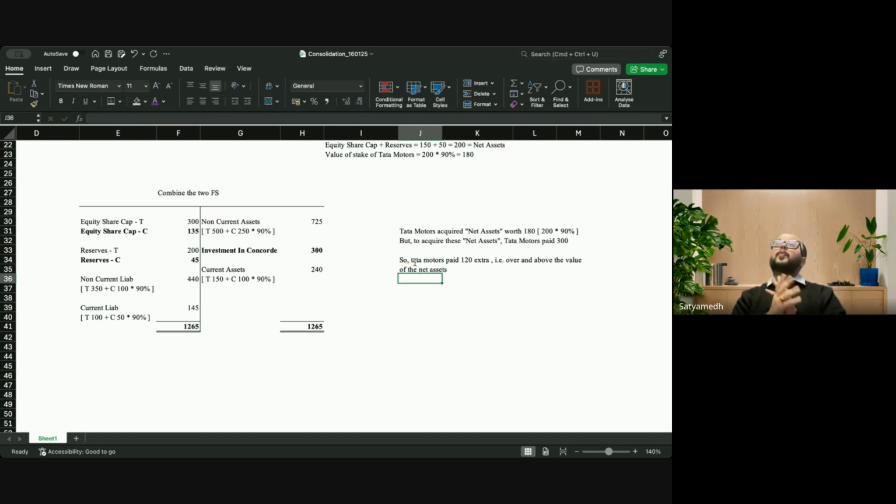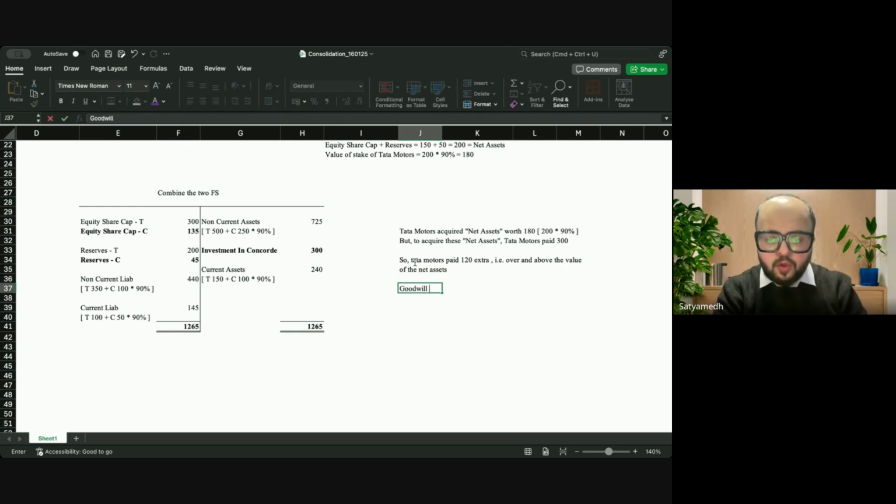This amount that you paid extra to acquire a stake in the other company is known as goodwill. What is this called? This is called goodwill. And why would Tata Motors agree to pay a rupee more than the net asset value? There's a reason. Maybe there is an expectation that this company has a very good supply chain.